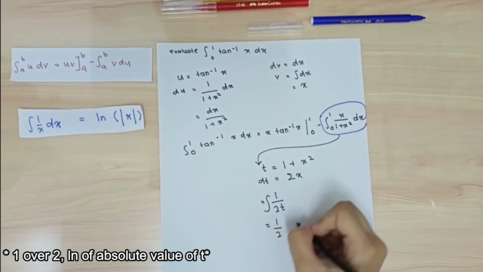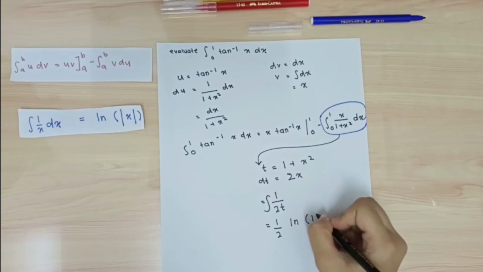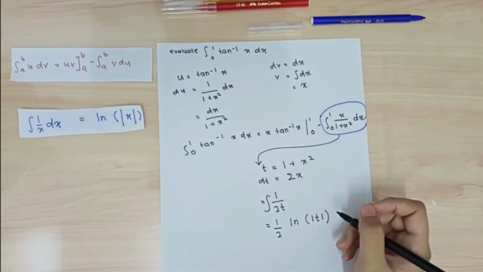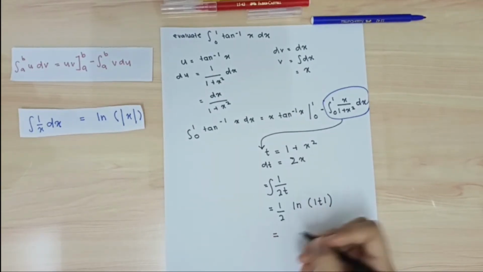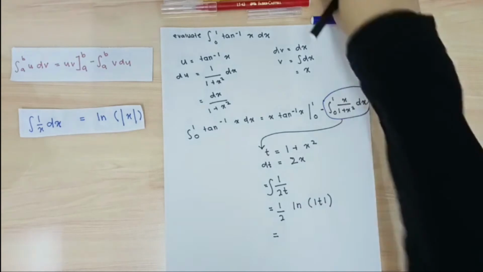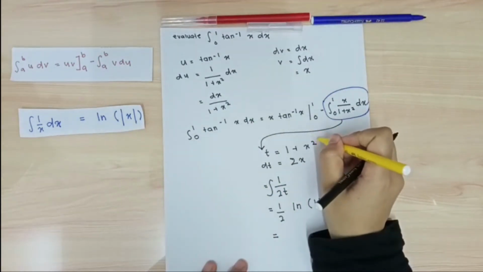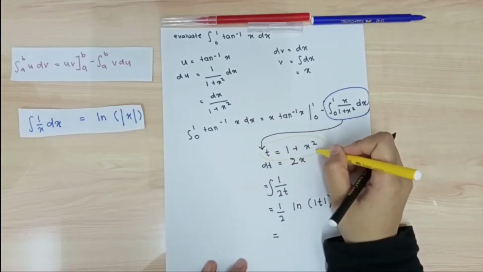Substitute back t equals 1 plus x squared.